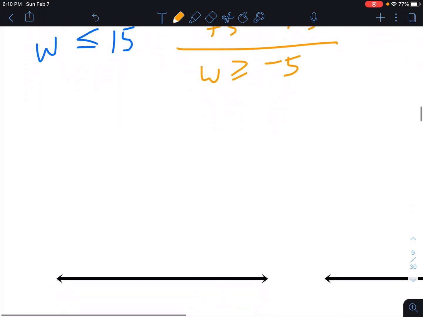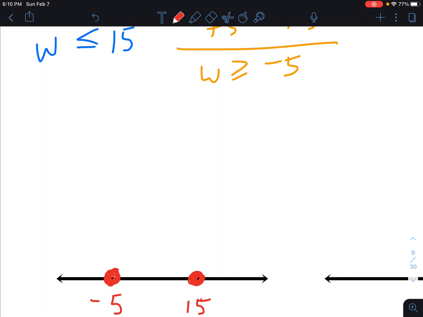Okay, so now that both of these are solved, we are going to graph them on the same number line. Make sure you're in numerical order: -5, then 15. They both have underlines, so that means they're both going to be closed circles.